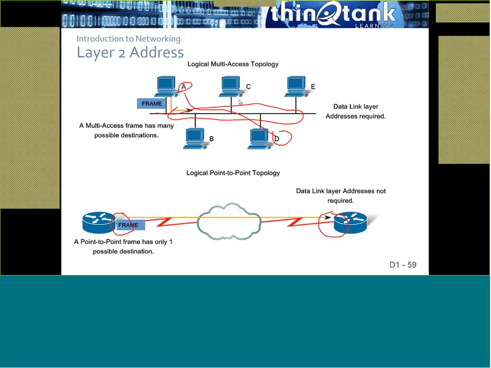With point-to-point protocols, you're not going to see addressing defined. We're just going to have a standard broadcast address that every PPP device or every HDLC device listens to. We don't identify sources and destinations with their MAC address.